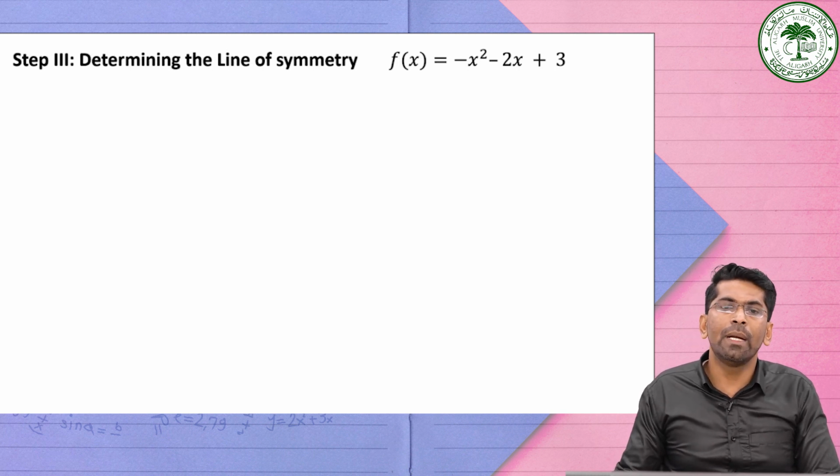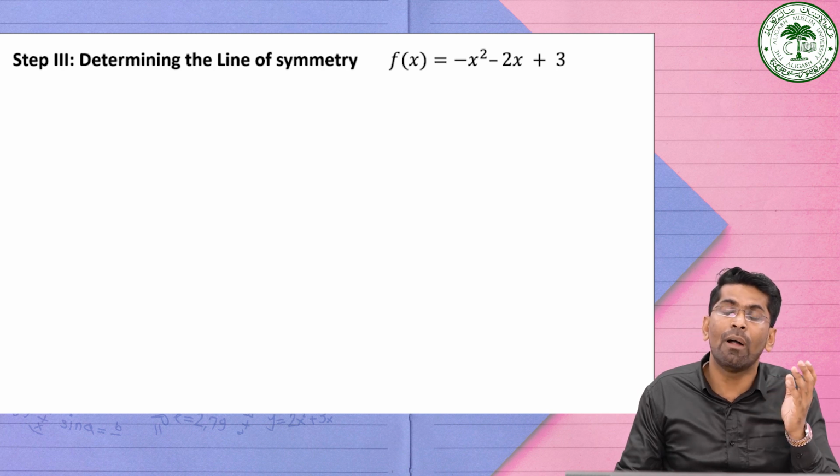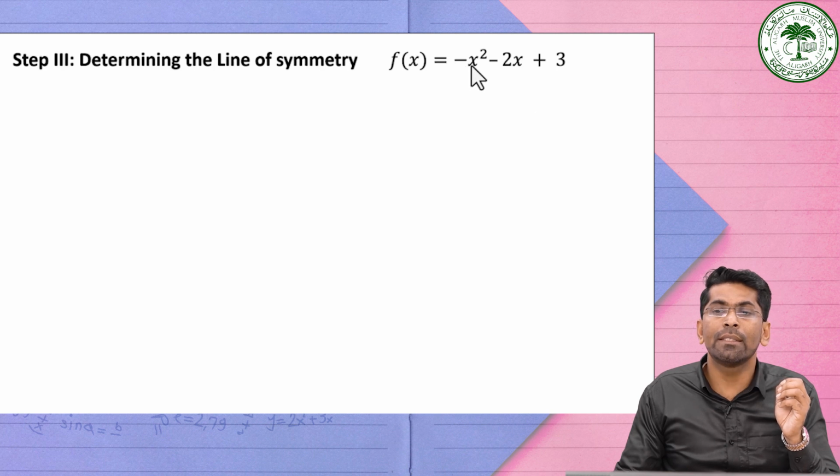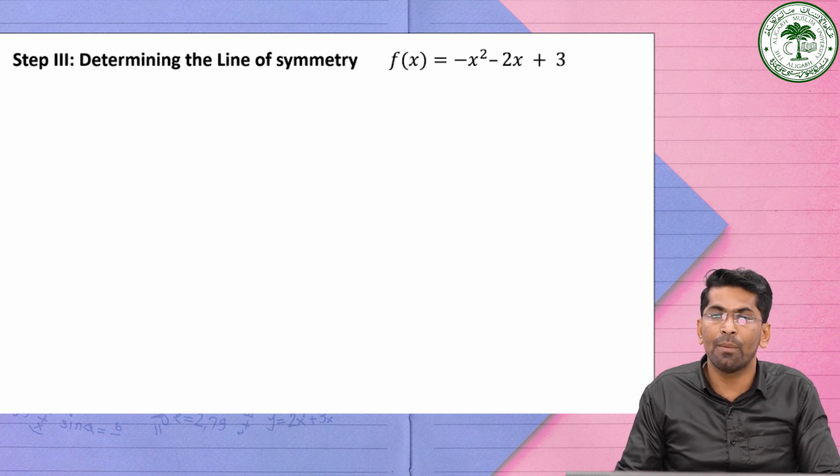The highest point of the parabola in the given example is called the vertex, because here it is minus x square, the coefficient a is equal to minus 1, which is less than 0, so it will be concave down. So we want to find out the highest point of the parabola here.